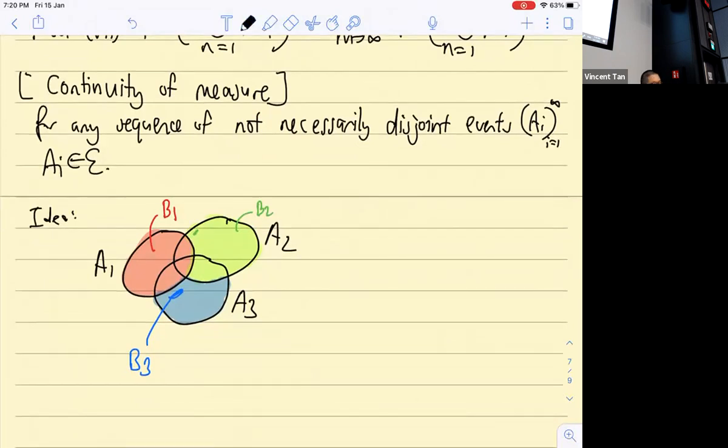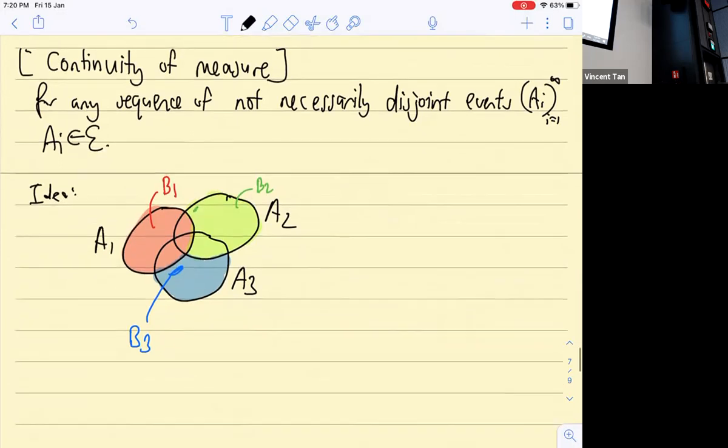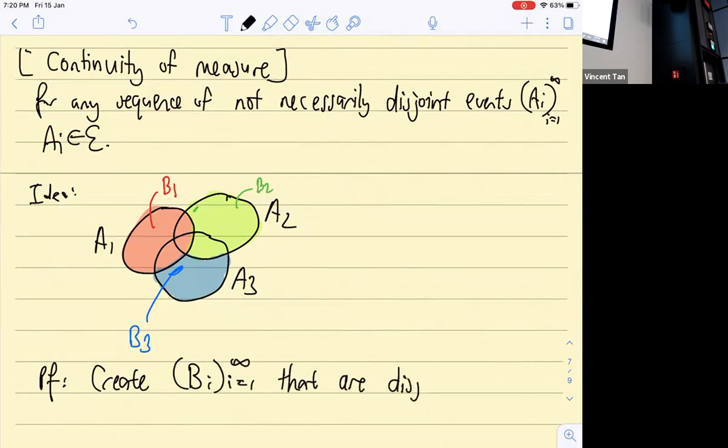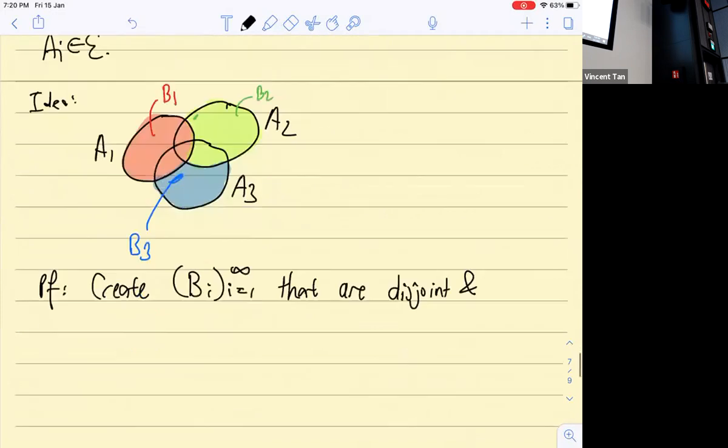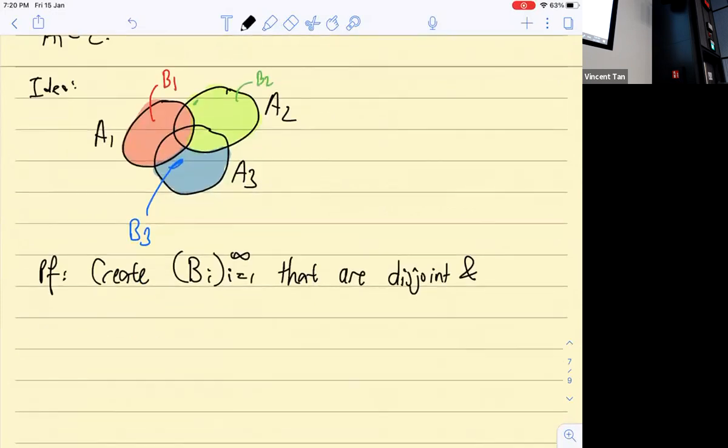Look at the B events. The B events are really disjoint. Okay? The proof goes as follows. Come up with B_i events that are disjoint and have the property that the union of A_n is equal to the union of B_n. How do we do this? We follow the recipe of my beautiful picture.